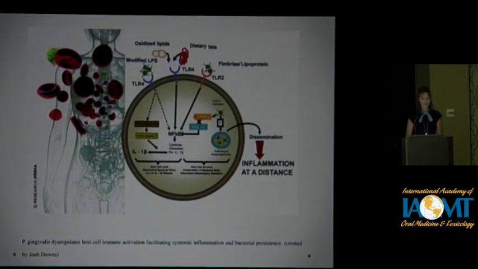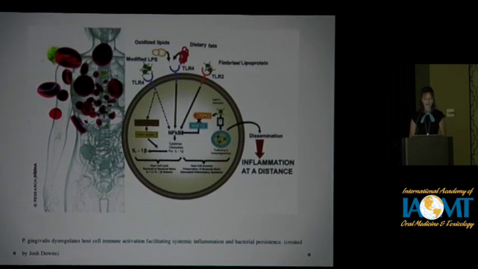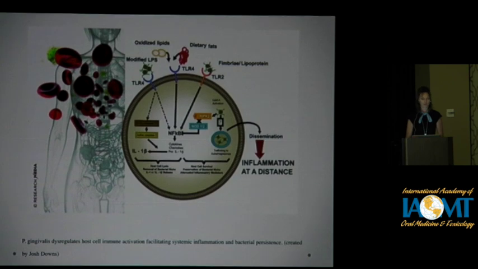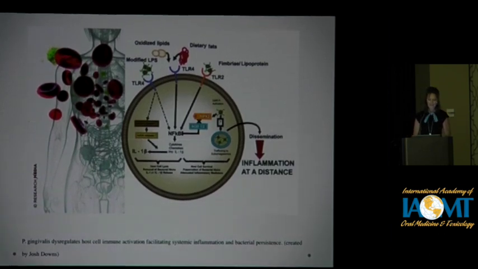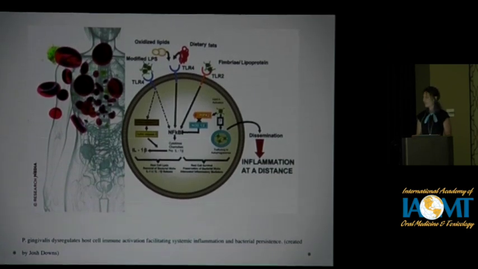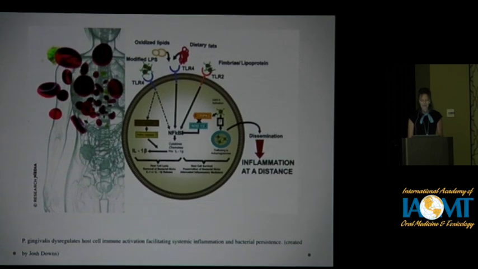Its primary focus is on the chronic inflammation and the role the microbiome has in systemic inflammatory disorders. Its focus is on the innate and the adaptive immune system, and it's looking at how microbial influences direct the innate adaptive immune system in chronic inflammation.